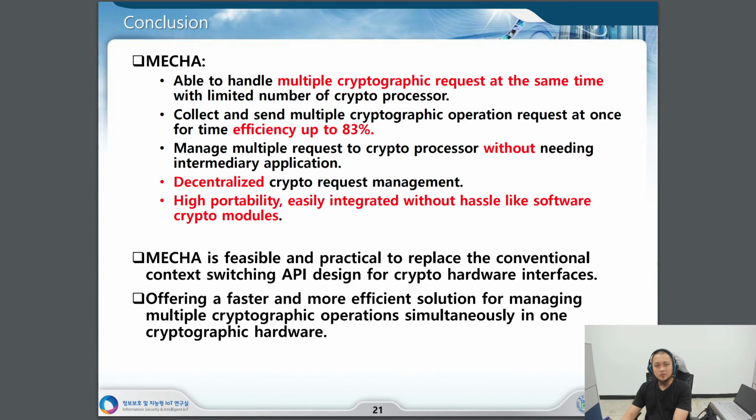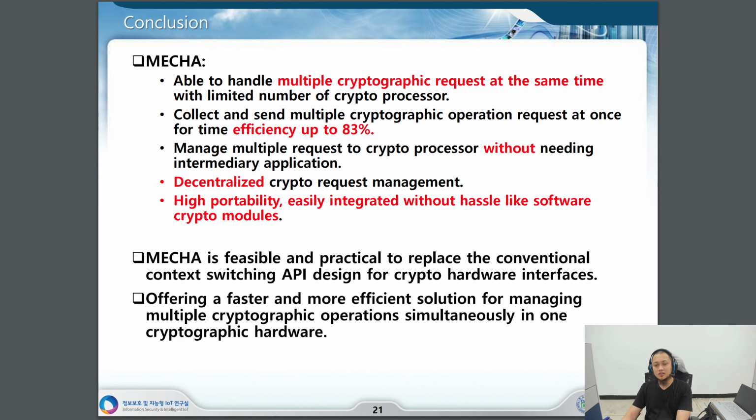So with this experiment, we can conclude that MECHA was able to handle multiple cryptographic requests at the same time with a limited number of crypto processors, can collect and send multiple cryptographic operation requests at once for time efficiency up to 83%, and can manage requests to the crypto processor without needing an intermediary application, because the server thread is built by its own API thread.